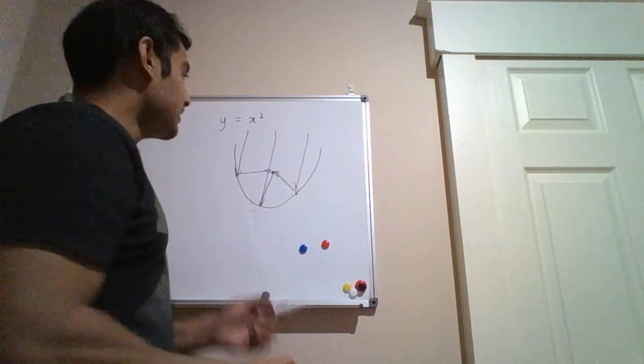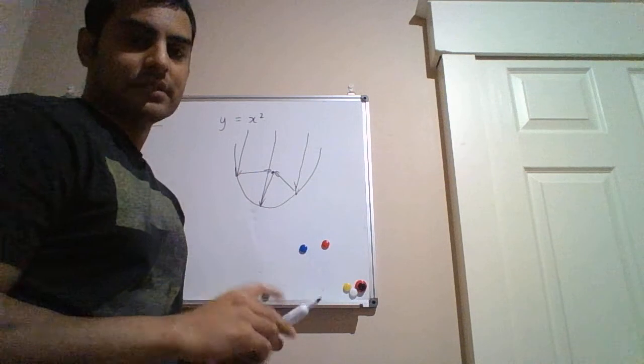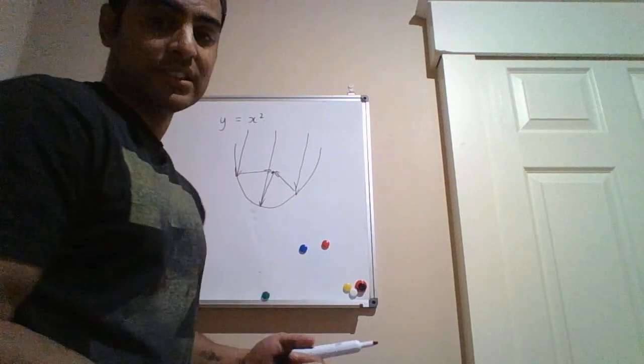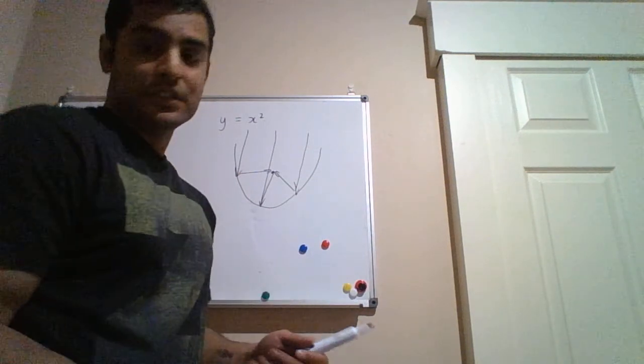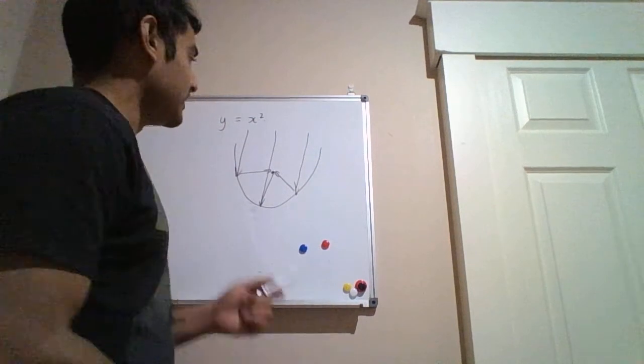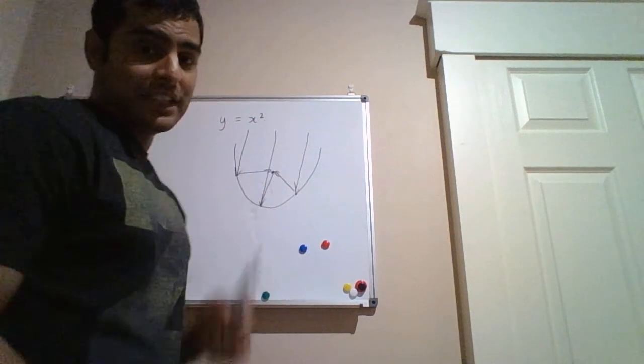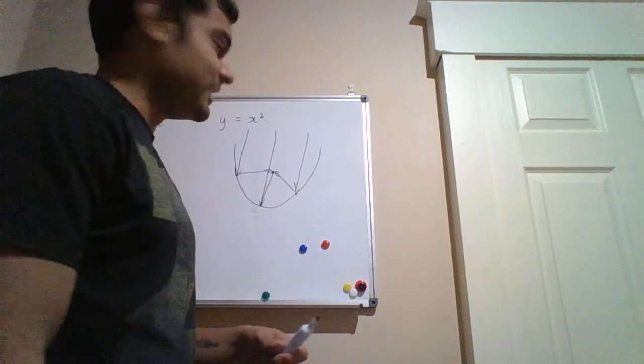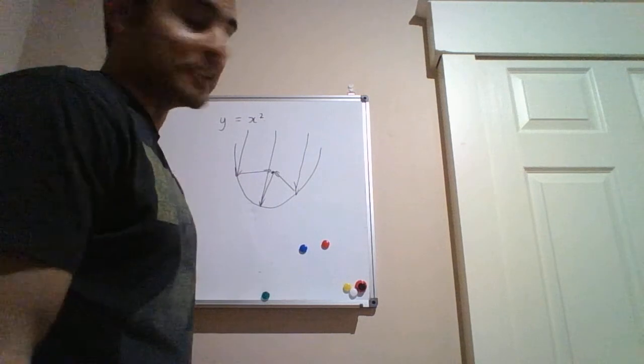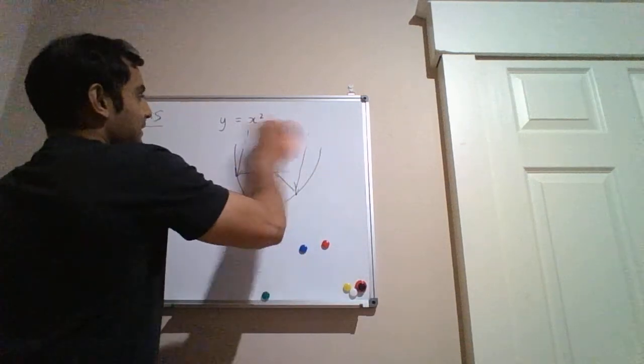So this only works for parabolas, not any other shape, not the semicircle, not half an oval. And it is possible to calculate where this focal point will be, but it's way beyond grade 10.